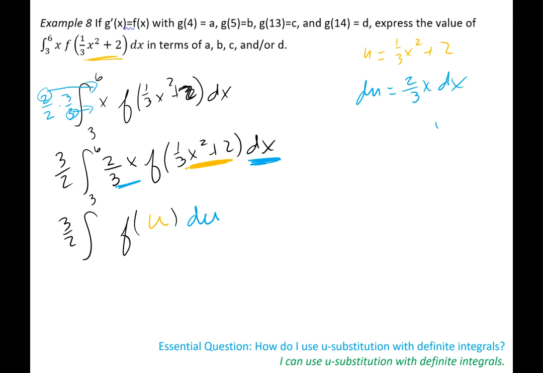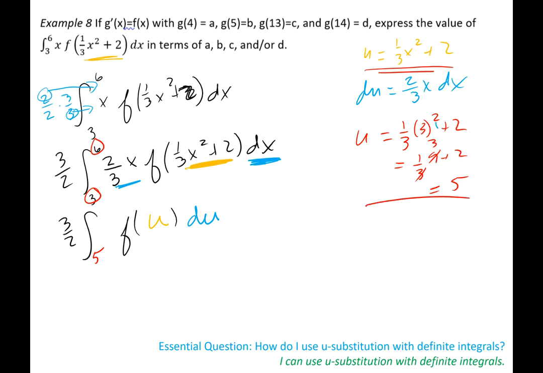And now we're going to replace our limits, our bounds, and we're going to substitute into the u equation. So I'm going to do my 3 first. So u equals 1/3 times 3 squared plus 2. Well, 3 squared is 9, and 3 goes into 9 3 times, so 3 plus 2 is 5. So my new lower bound is 5. And then I'm going to plug in my 6.